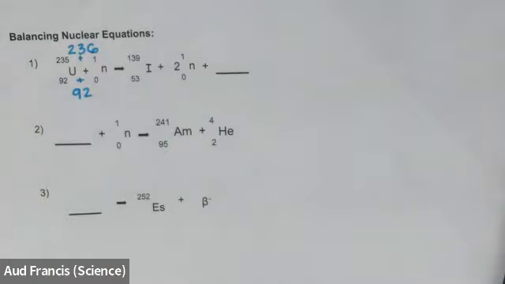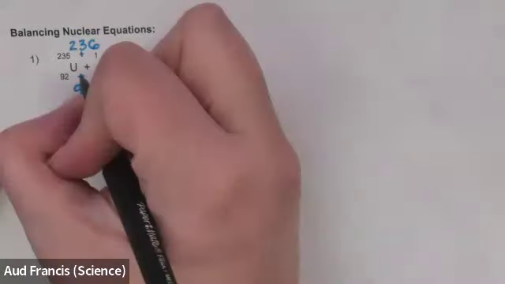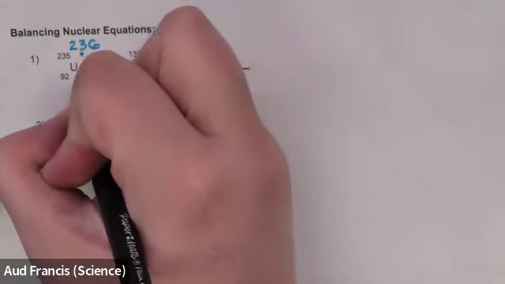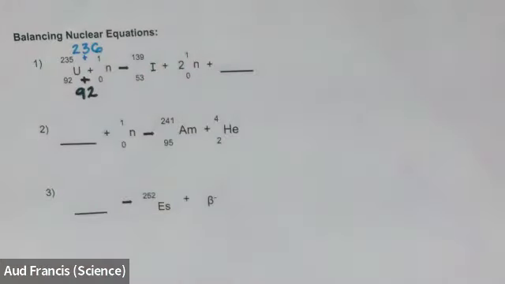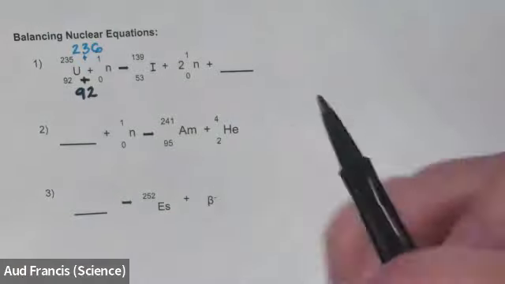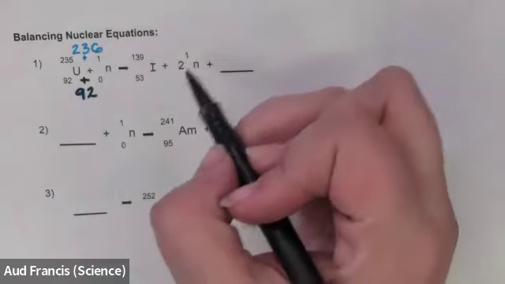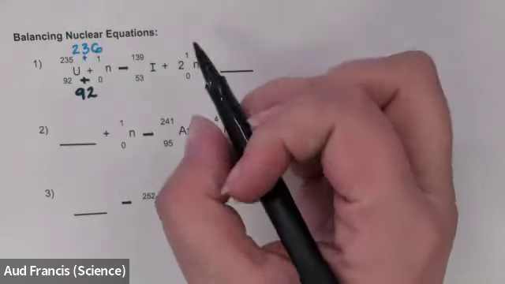So I know that as I work my way through the other side, we will have 92 on the bottom and 236 on the top. On the other side, I see that I have two neutrons. I do need to do a little bit of multiplication here.